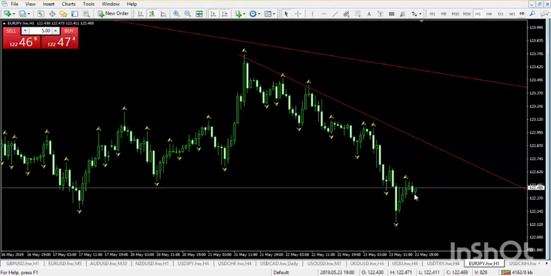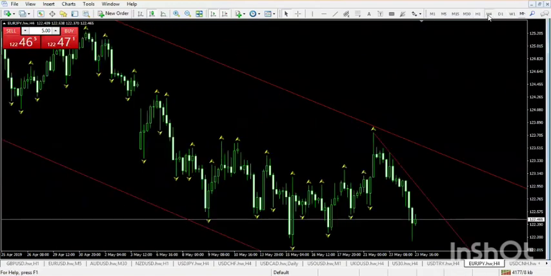So I want to take a sell order here. Why? Because the elasticity is downward. Move on to your 4-hour time frame.